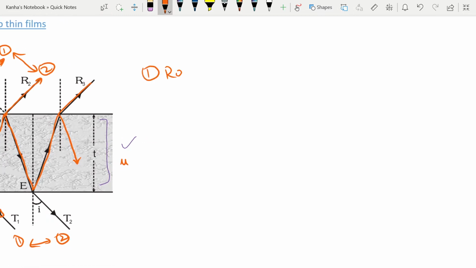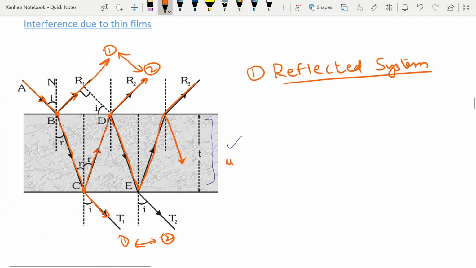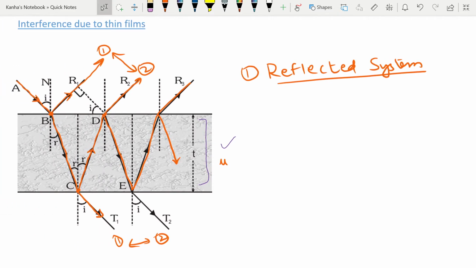So let's talk about the reflected system, and the basic principle is just the same for the transmitted as well. For the reflected system, to calculate interference, I need to calculate the path difference between BR1 and DR2.